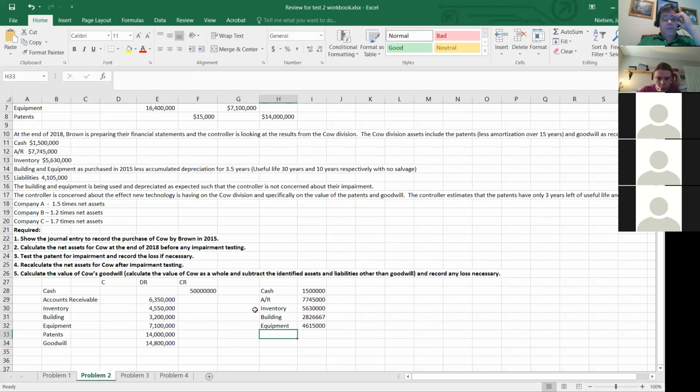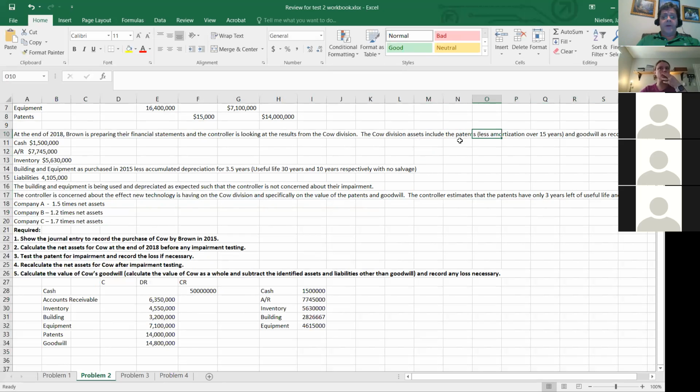What about the patent? Let's see if it has any information about the patent. Well, it would have been depreciating too. And I think the patent is over 15 years.